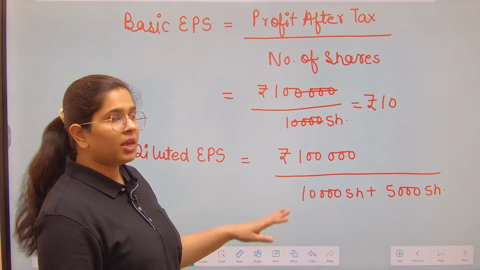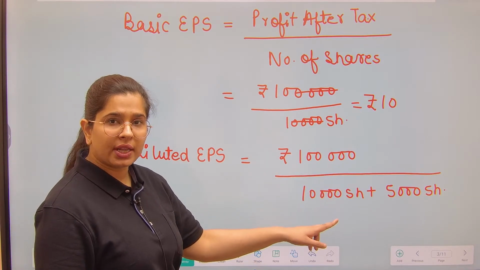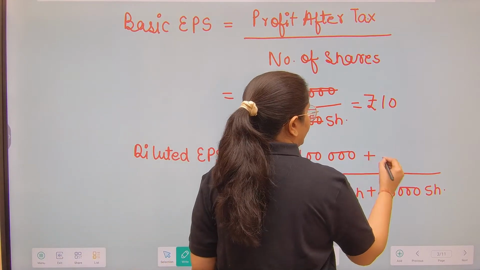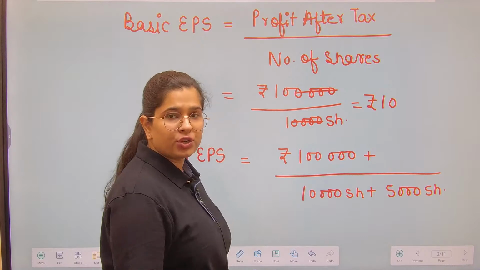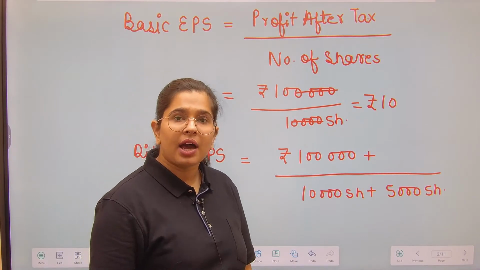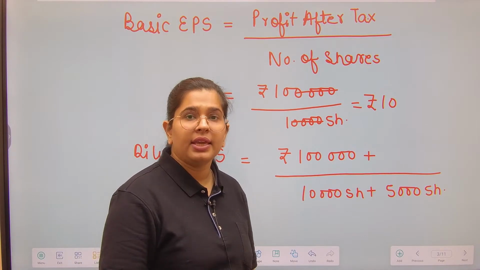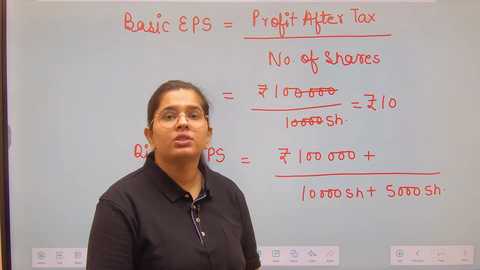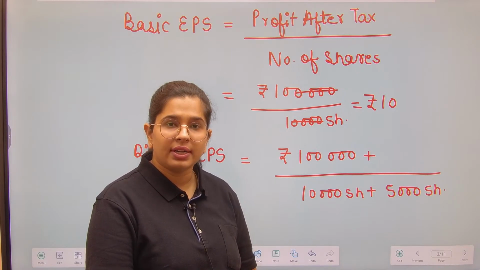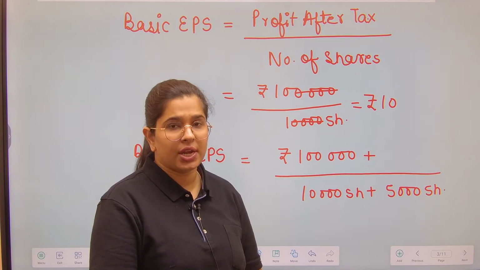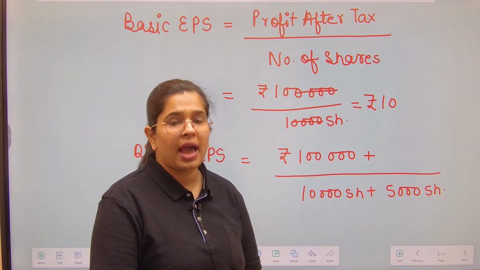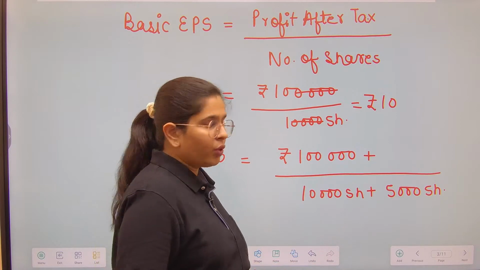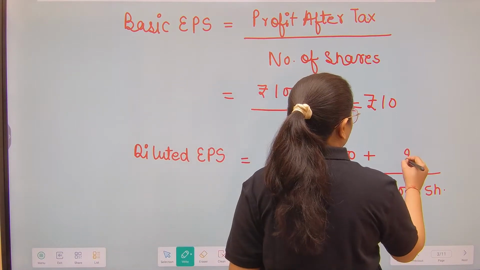Now, once you convert those shares, you will also have an addition over here. What kind of addition? Till now you were paying interest to those debenture holders, but once they convert their debentures into equity shares, you no longer have to pay interest to them, right? So the interest amount will get added on over here.